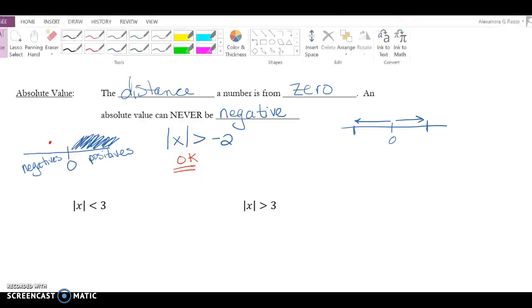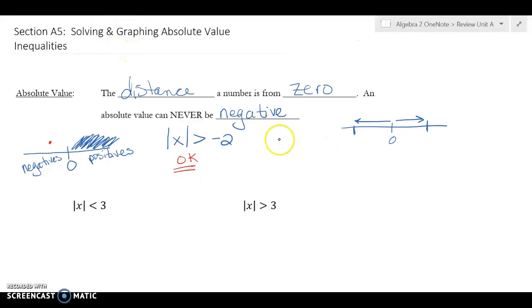When you're going to run into issues is when you have something that says the absolute value is less than a negative. So again, if I have my -2 over here, if I'm less than, I'm this way, which means I have to be a negative. So this one here is a no solution. You can't have this.